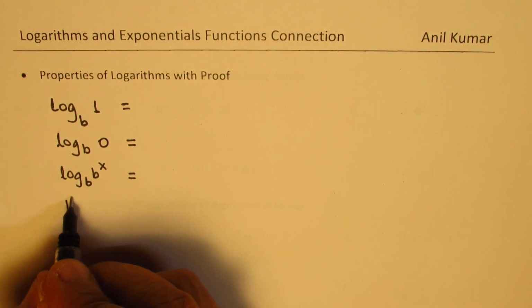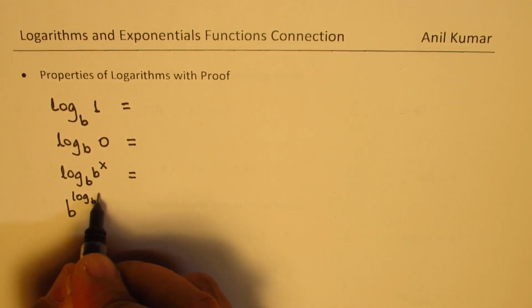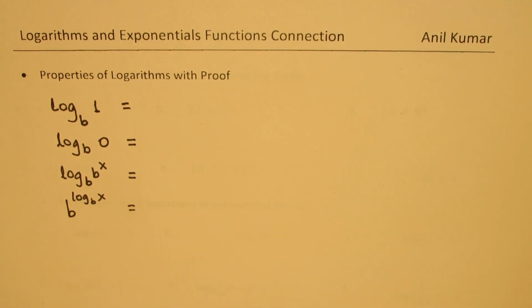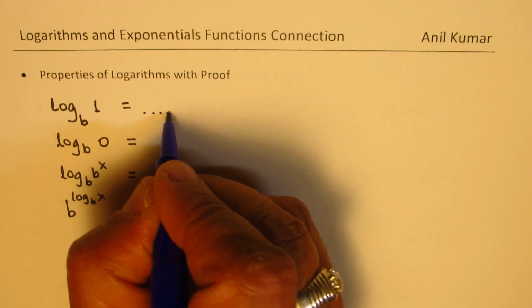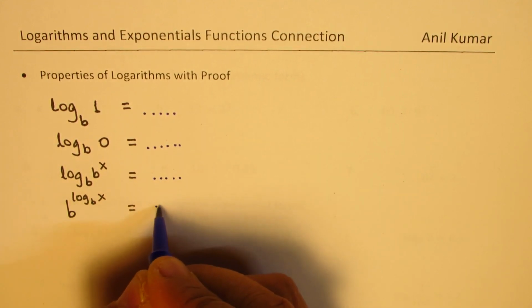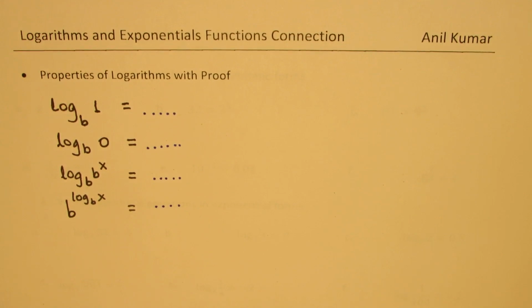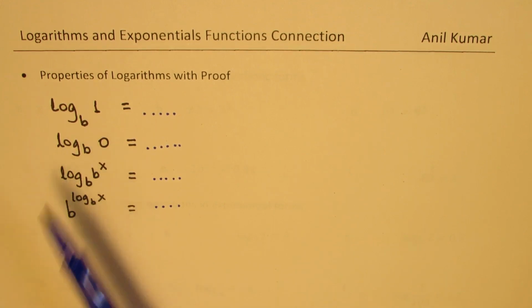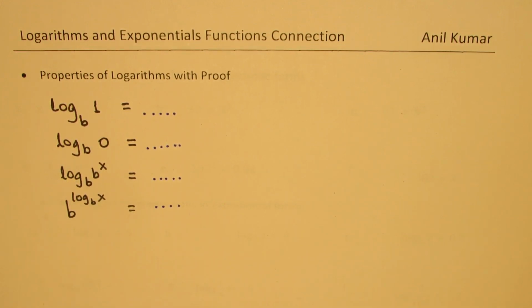We use b to the power of log to the base b of x is equal to what? So I'd like you to actually pause the video and answer these. We'll go through some derivations of the proof, and then once we have the proof, we'll know exactly what these values are. From the graph, you must have seen some of these values already, correct?